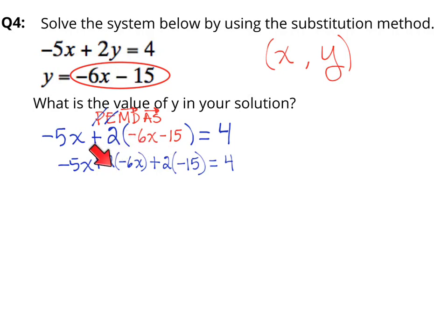But I still haven't multiplied. So when I multiply 2 times negative 6x, I get negative 12x. And when I multiply positive 2 times negative 15, I get negative 30, equals 4. And then on the left side right here, I got to bring that negative 5x down.